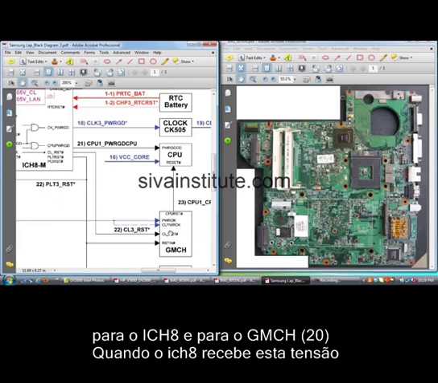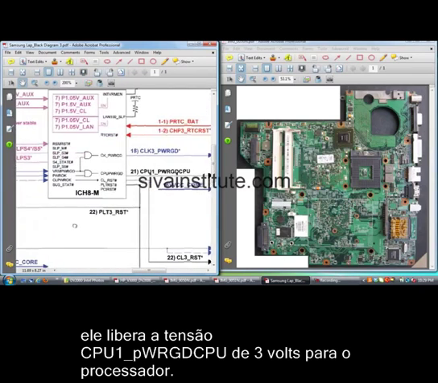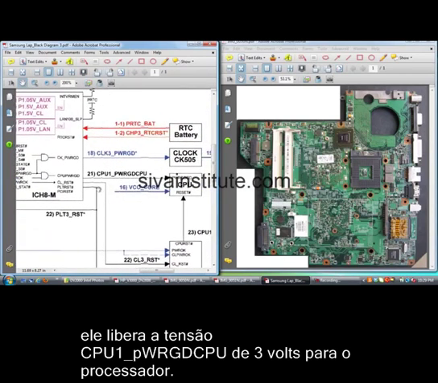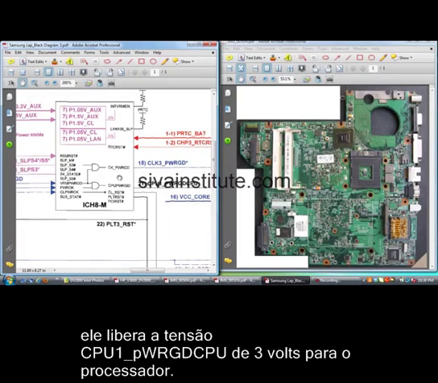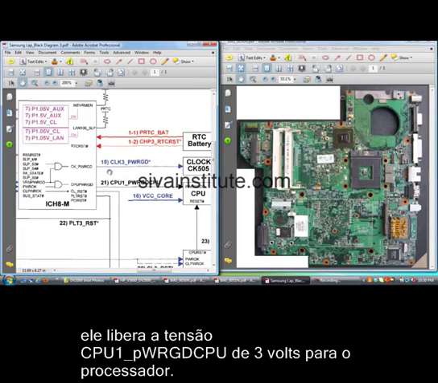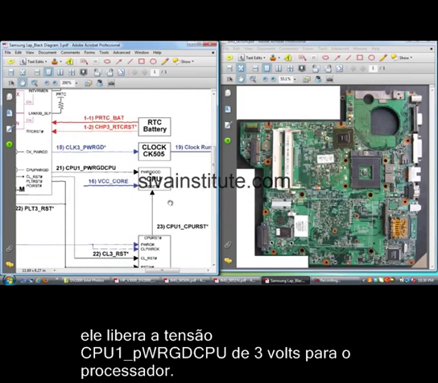Power voltage will release here. When this voltage releases, and 20, CPU power good, when this voltage is received by ICH, this ICH releases 3 volts power good voltage to the CPU. ICH releases CPU power good voltage to the CPU.